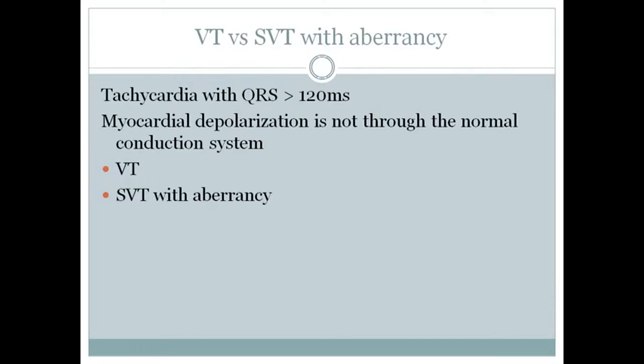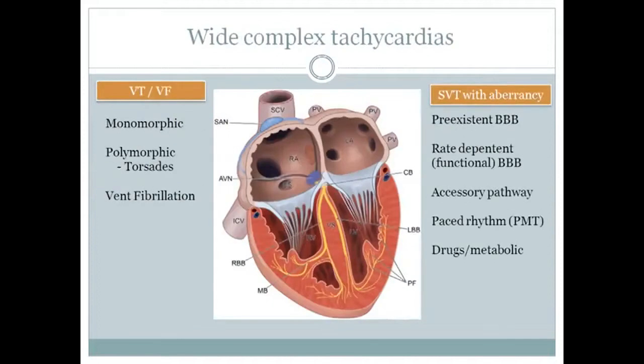The myocardial depolarization is not through the normal conduction system. And how to differentiate these two? Number one, it's VT until proven otherwise, in the right clinical context. 80% of all wide complex tachycardias are VT, only 20% are supraventricular tachycardia.